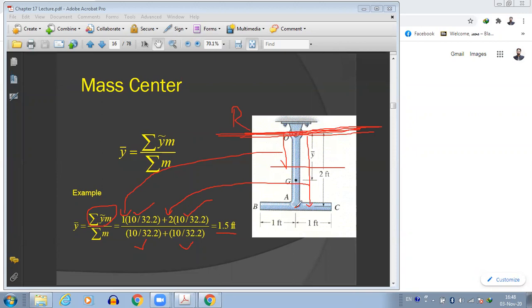The mass center for BC will be here, and the distance from the reference point will be 2 feet. Is it clear? Yes, it's clear. The mass center for OA will be here in the center, and the distance from the reference point will be, because the total is 2 feet, at the center, 1 foot. Is the concept clear? Yes, clear.